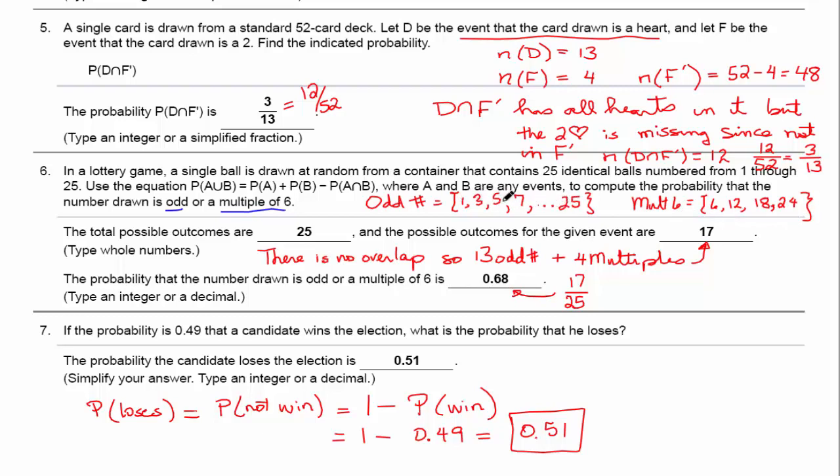If you count up all the odd numbers from 1 to 25, there are 13 of them, and you've got 4 multiples of 6, and so it is 17 out of 25, which as a decimal is 0.68. I have to put it in as a decimal because my math lab wants it as a decimal, not a fraction.